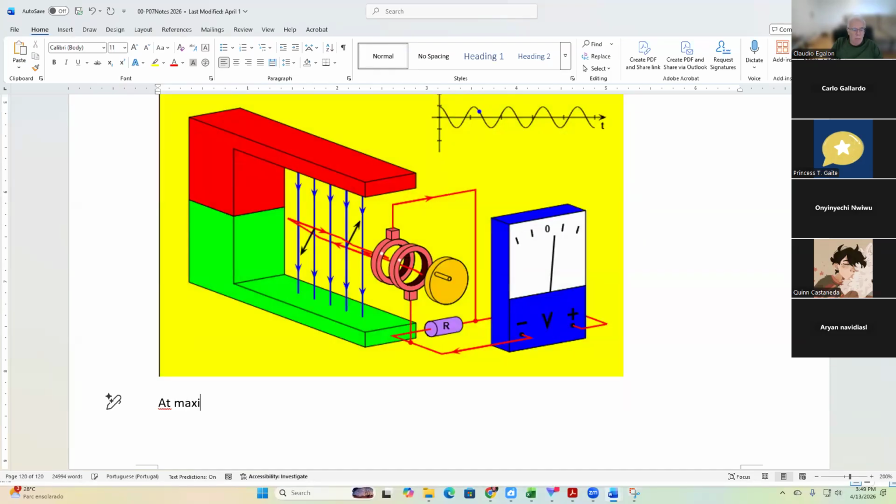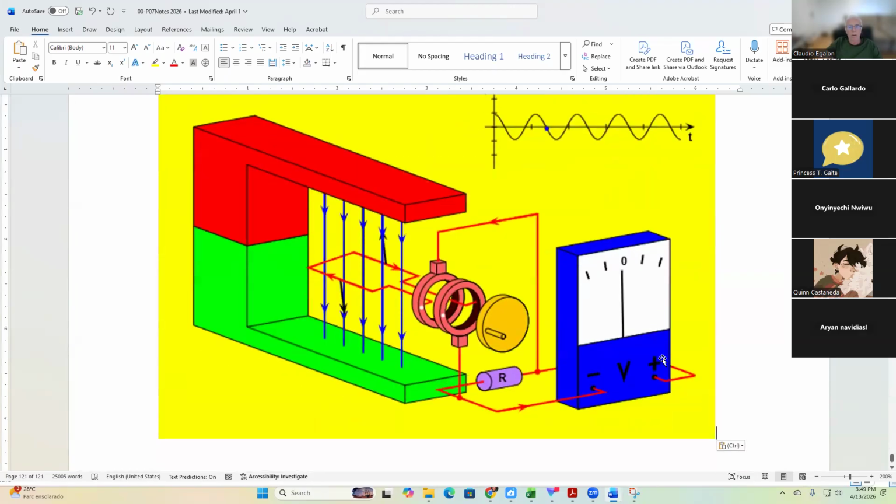At maximum B flux, induced current slash voltage is 0. Current is about to change direction right here. Just pass, so it's negative.